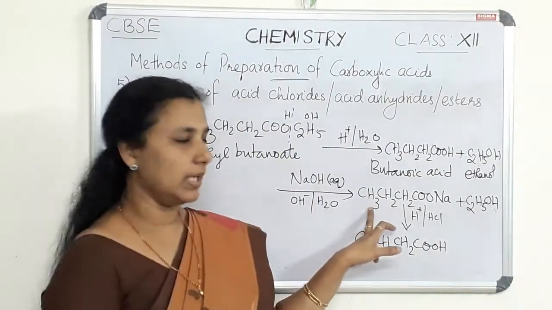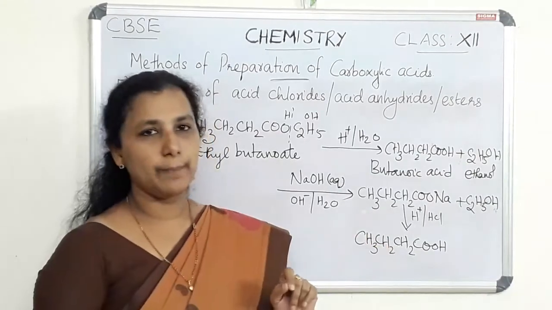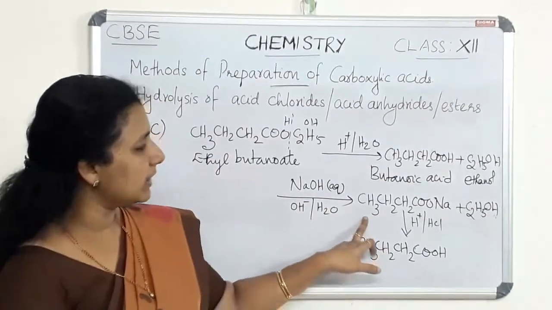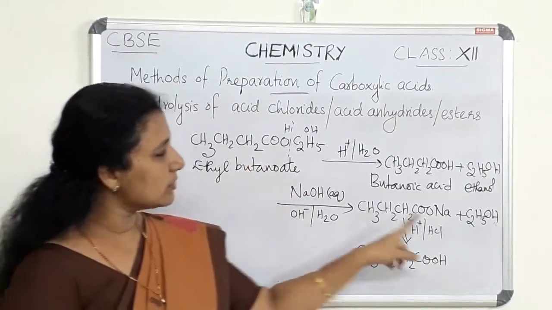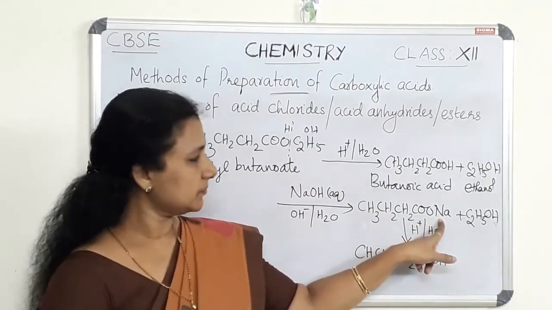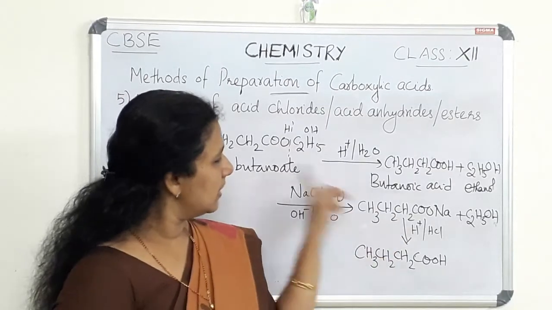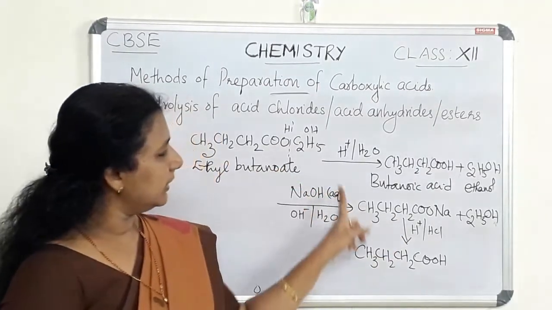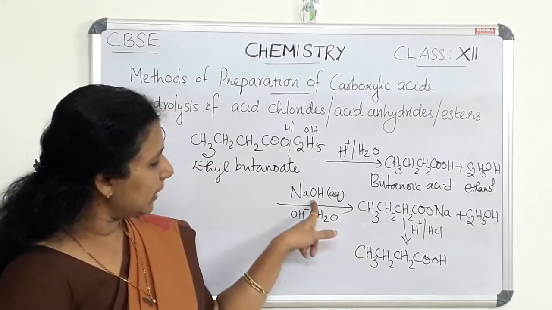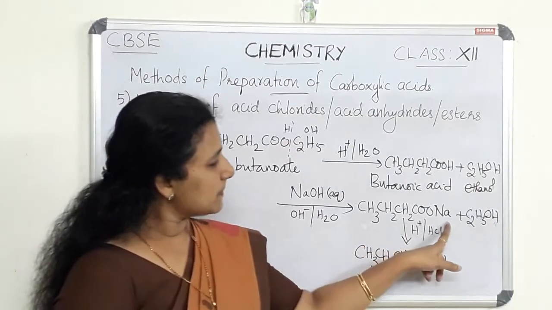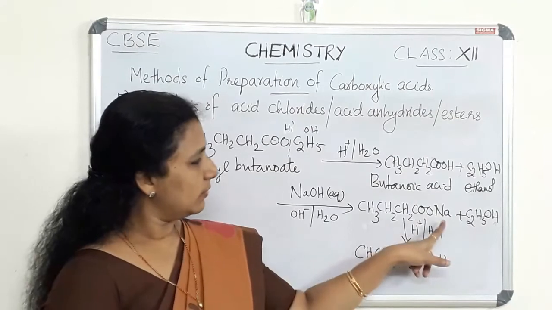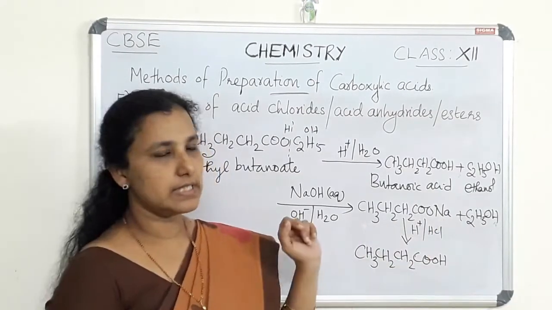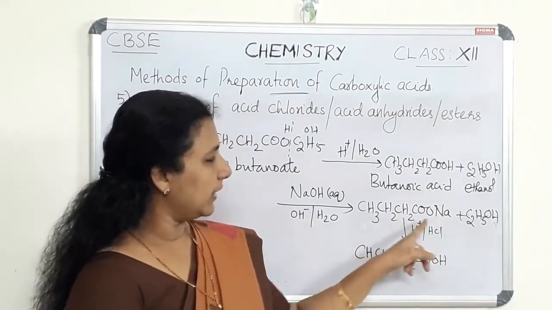This reaction we have studied in the case of the saponification reaction. Saponification is when esters are converted, in presence of sodium hydroxide, to the sodium salt of the carboxylic acid. In the preparation of soap we have seen this kind of reaction.